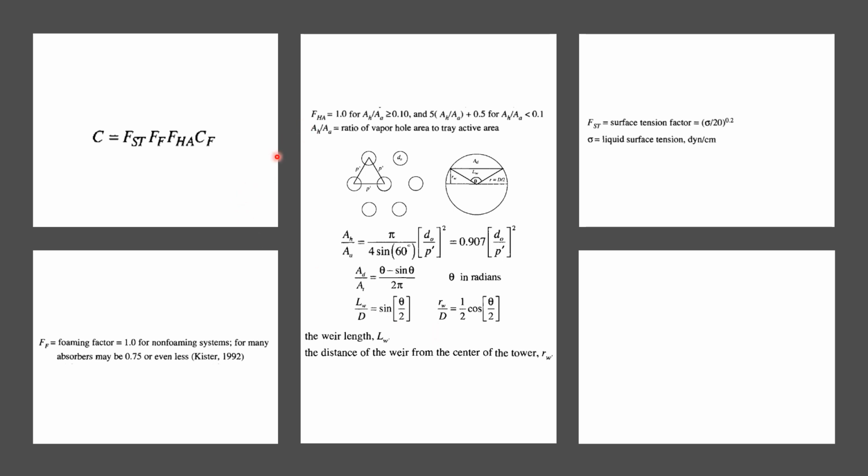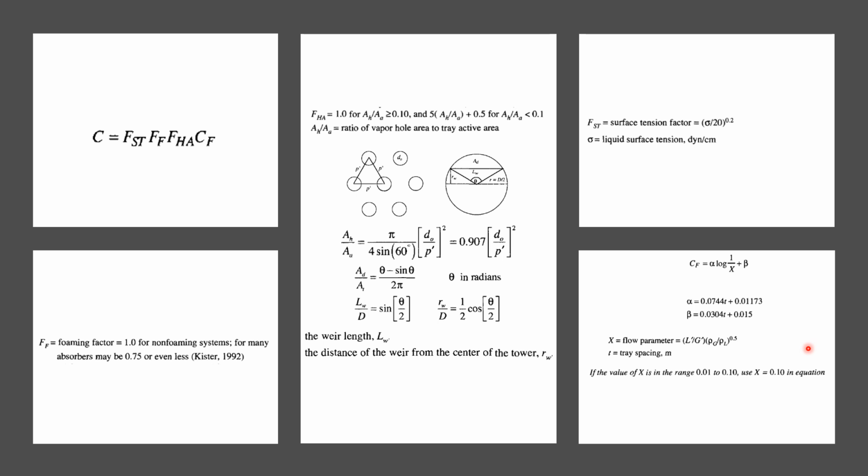So now we know FHA, the remaining is CF. And CF is a function of capital X and alpha and beta. Alpha and beta are a function of T, which is the tray spacing, the spacing between the trays. In order to determine this tray spacing, there are basically different schools.